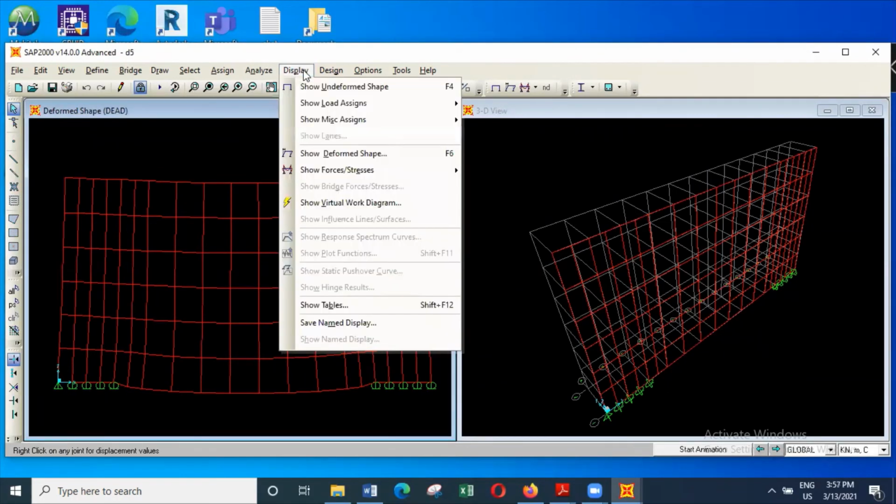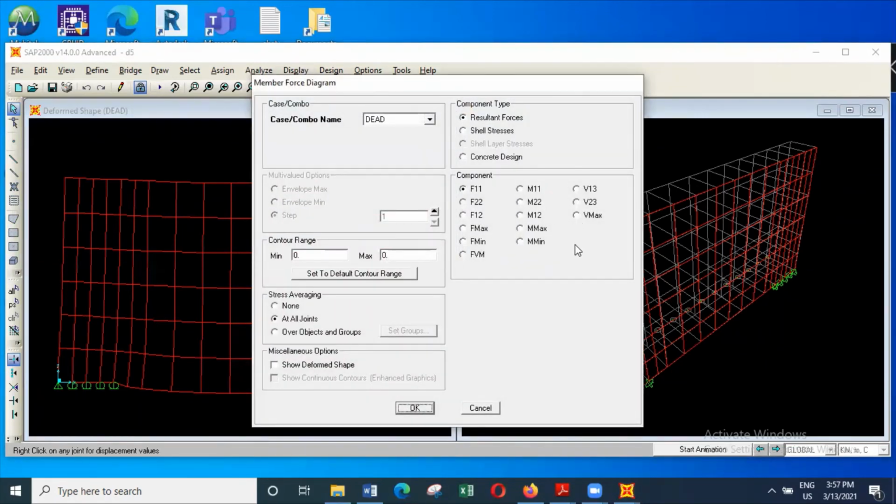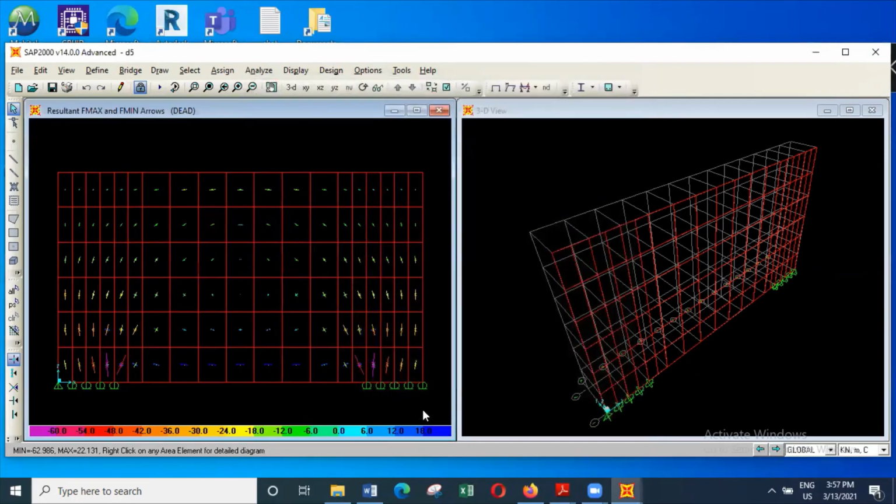So if you display, here you can see the way that the loads are transferred.